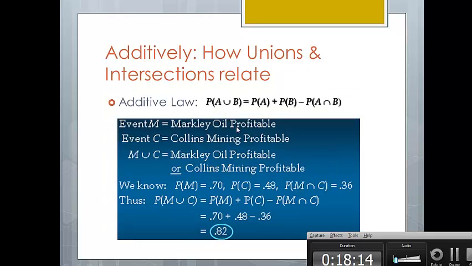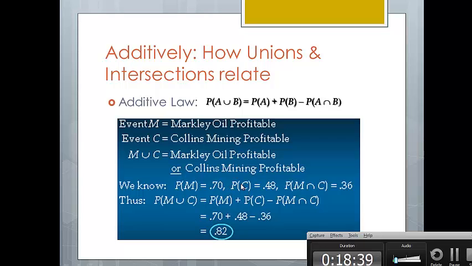The additive law says that the union of A and B would be equal to the probability of A plus the probability of B minus the intersection, because that's going to prevent any overlapping or double counting. So we knew the probability that Markley Oil was profitable was 70%.